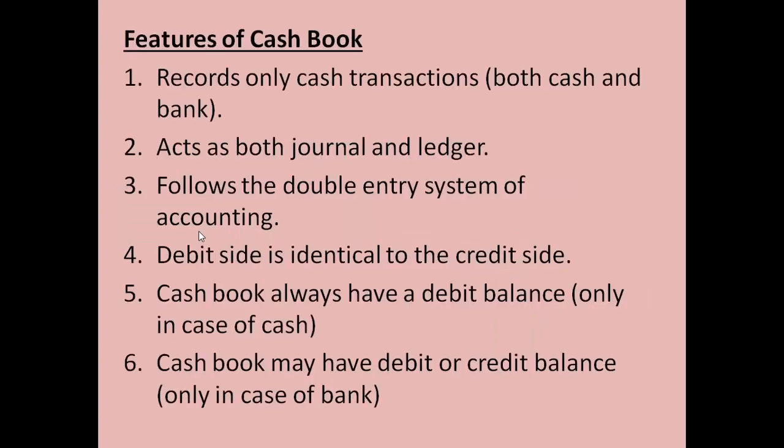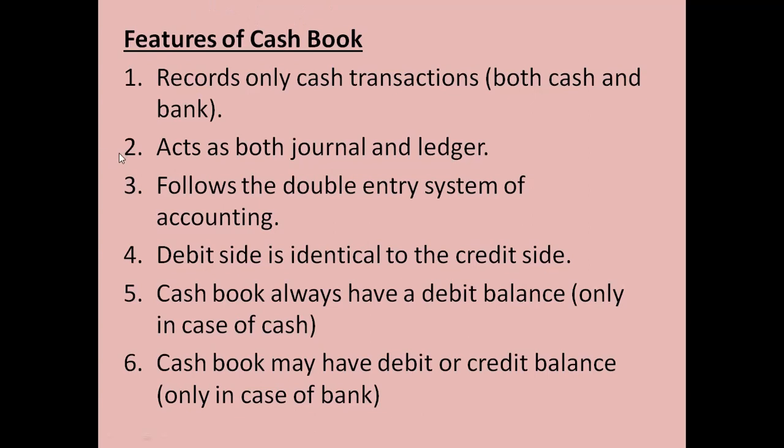Now, what are the features of cash book? I have listed 6 features here. Let us discuss them one by one in brief. Number one, it records only cash transactions, both cash and bank, which means credit transactions are not recorded. It records only cash transactions because, as the name suggests, it is a cash book.